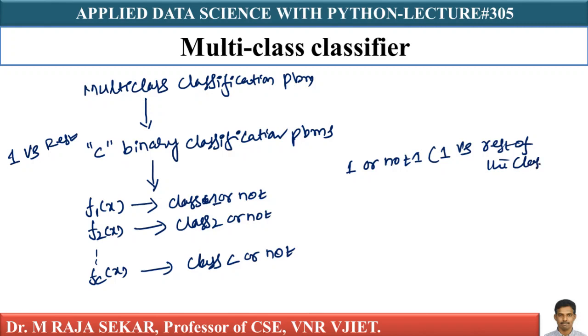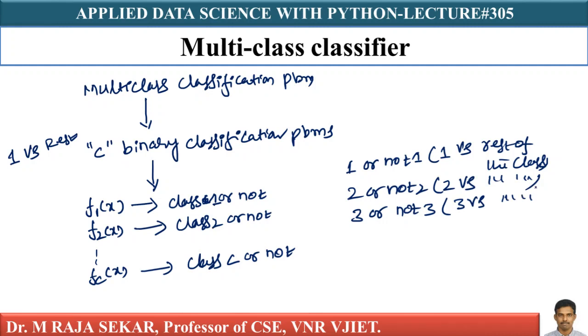In similar manner, two or not two: two versus the rest of the classes. Three or not three: three versus the rest of the classes. So on and so forth, up to C versus the rest of the classes.